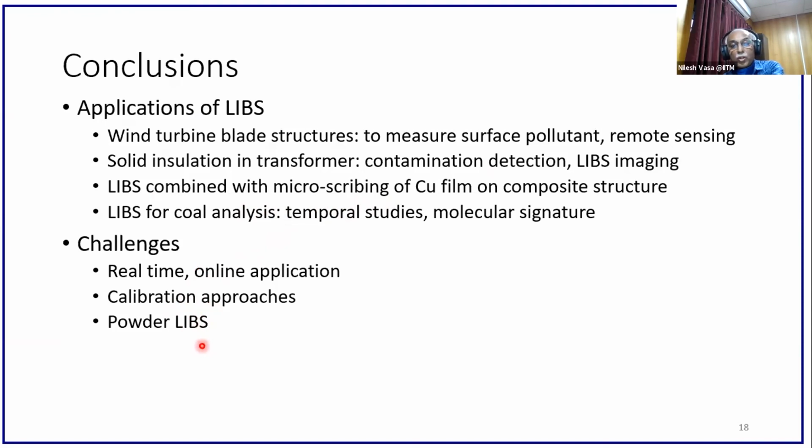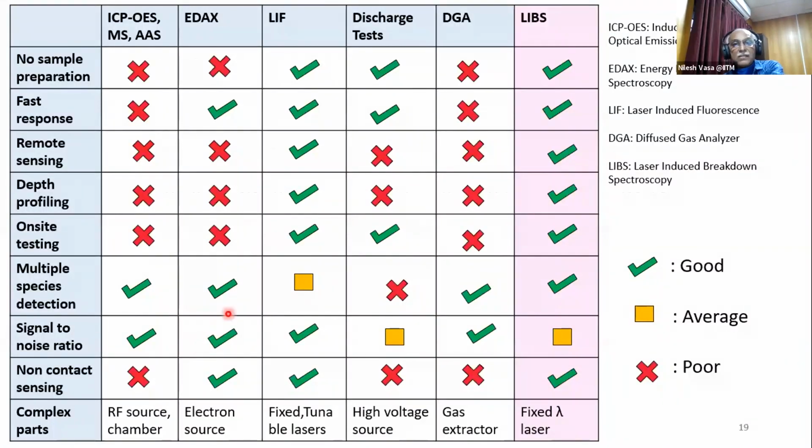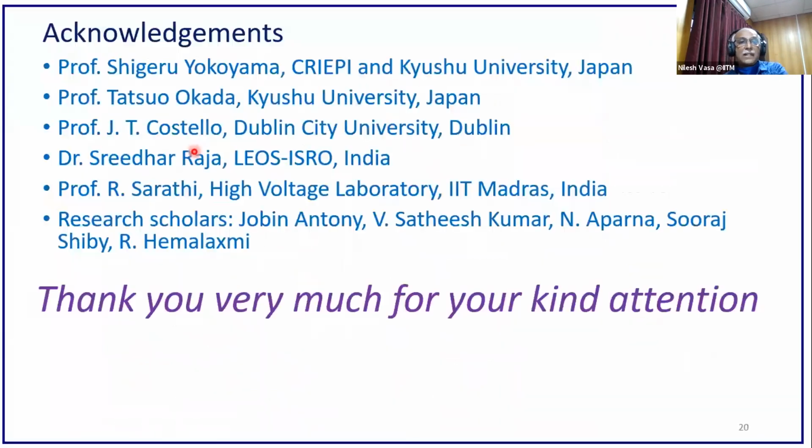When we are working with powder, the powder gets blown off. How can we capture the LIBS spectra? So this I will skip, but LIBS has lots of applications. Thank you very much for your kind attention, and these are some of our research team members who have worked with us for developing such techniques. Thank you very much.